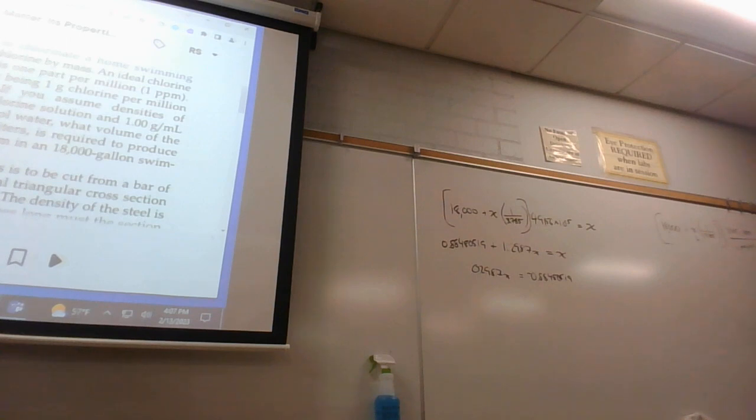And then grams of chlorinating solution to milliliters of chlorinating solution, which is 1.10 down here. And then milliliters of chlorinating solution to liters of chlorinating solution, which would have been divided by 1,000. And once we do that, we get liters of chlorinating solution, which is our X here. And so that should be it.